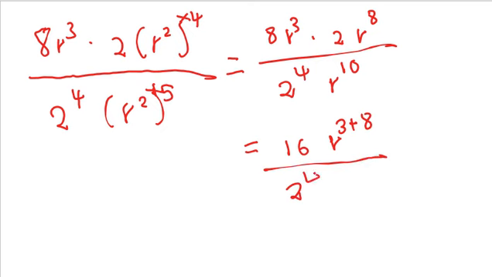Then we have r to the power of 10 on the bottom. This is gonna give us 16. When you add this, what you get? 3 plus 8 is 11. So 16 r to the power of 11 over 2 to the power of 4 r to the power of 10.